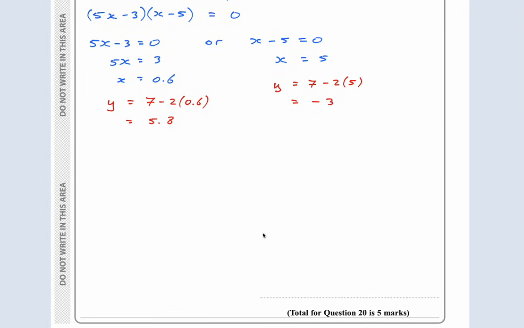This one, which is x equals 0.6 and y equals 5.8. And then here, just make sure, guys, they're separated by something. Put them in a box if you want. But this x goes with this y, and this x equals 5, goes with this y equals -3. And that's question 20.